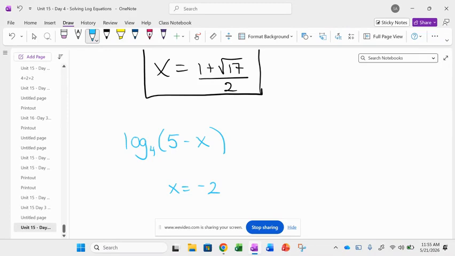Well, in this scenario, if x equals negative 2, wouldn't that make the argument positive? So would we be okay? Yeah. And if I had x equals 10, well, wouldn't that positive x make my argument negative? So you always want to check. That's why I'm showing you all this. You always want to check. You can't just assume because it's negative, it's going to be rejected.